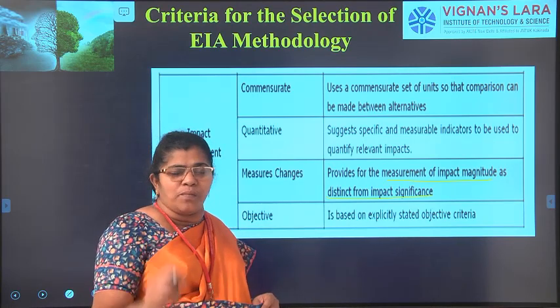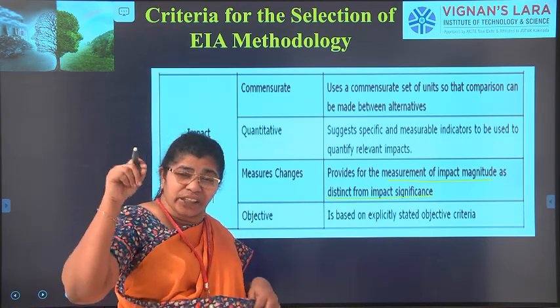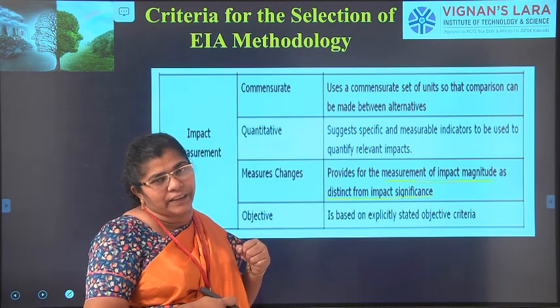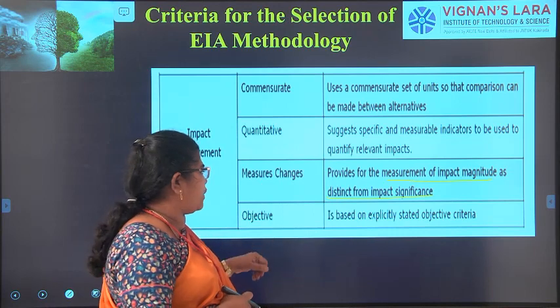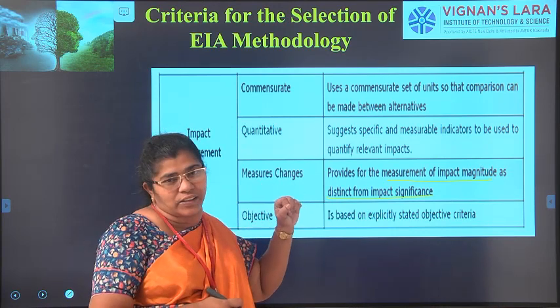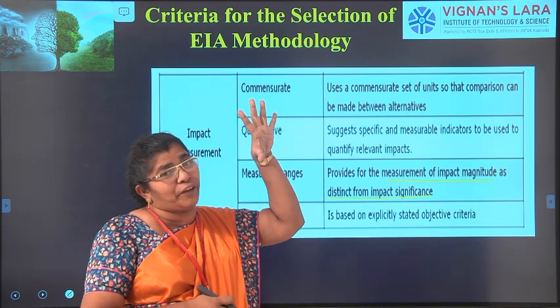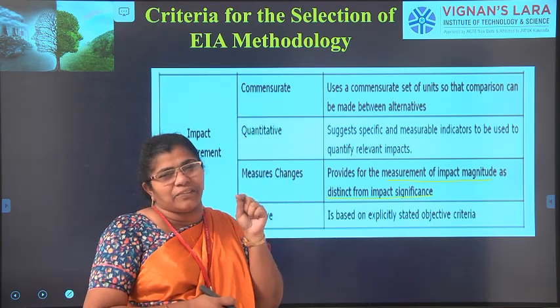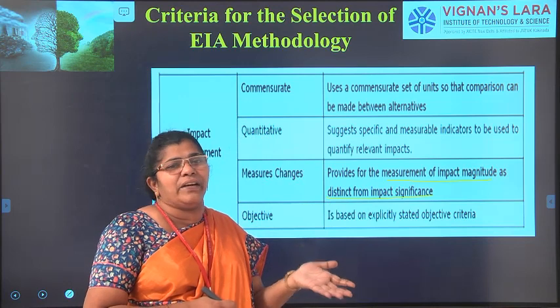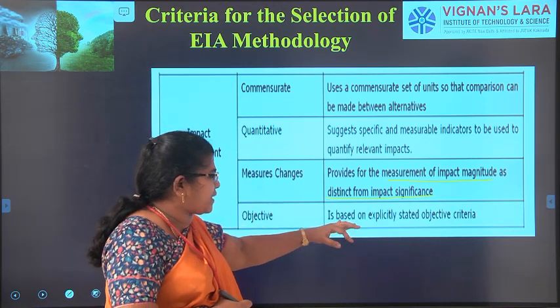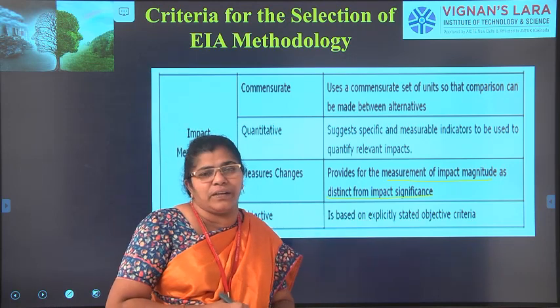I have to predict both and give both, because they are not the same. Some things will be of very small magnitude but will give a very big impact. But some things will be a very big impact in magnitude but will give a very negligible impact on the environment. Objective: it is based on explicitly stated objective criteria.